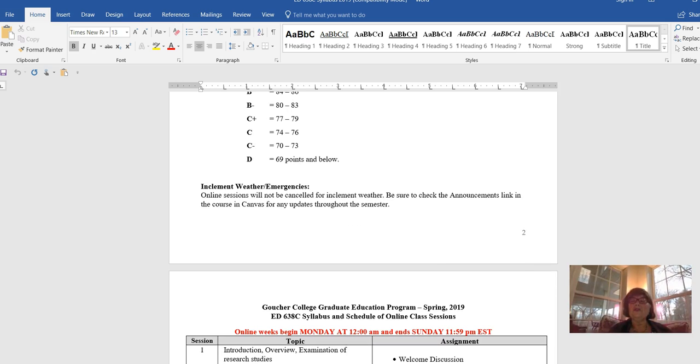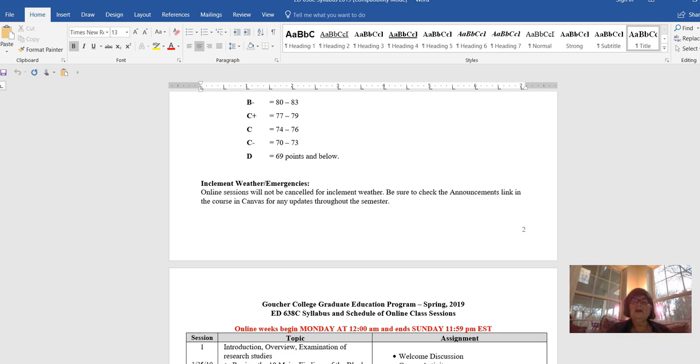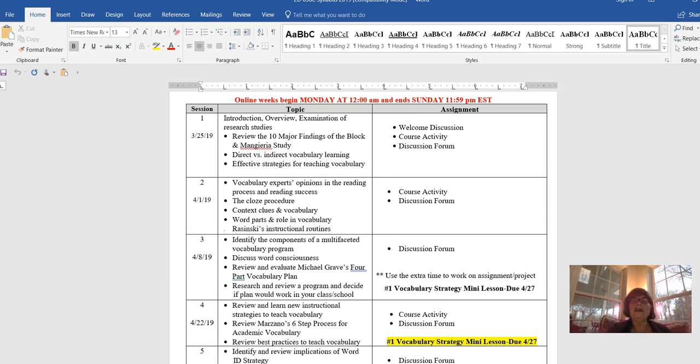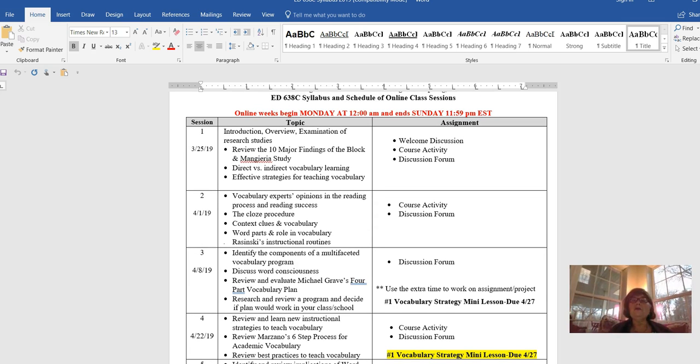Since it is an online course, there will be no cancellations unless there's some major catastrophe or some weather-related thing that affects everyone's internet access. Your online weeks begin on Monday at midnight, or 12 a.m., and end Sunday at 11:59 p.m. You can see in your syllabus, I have the different topics.